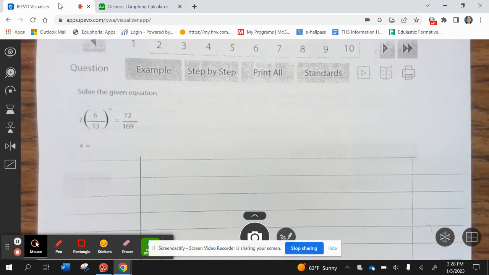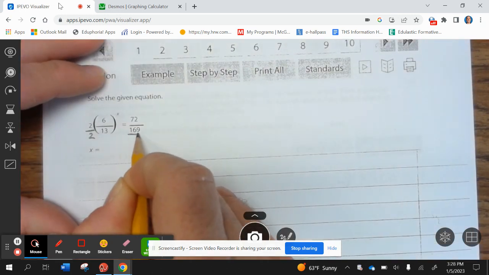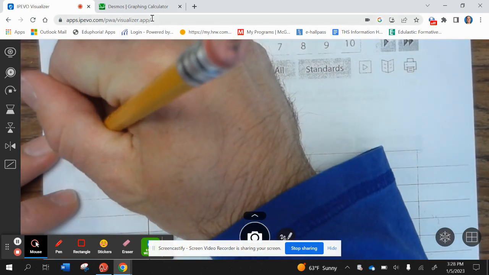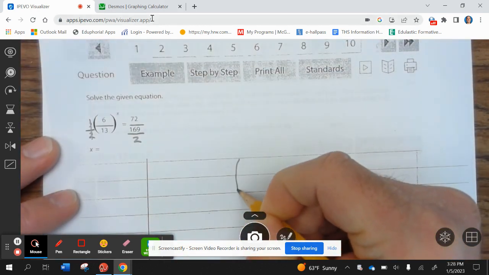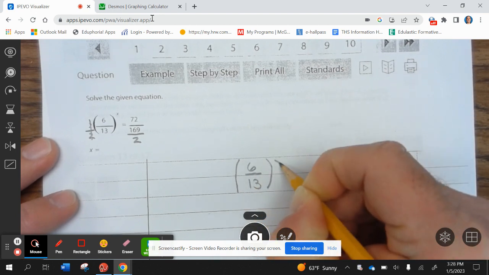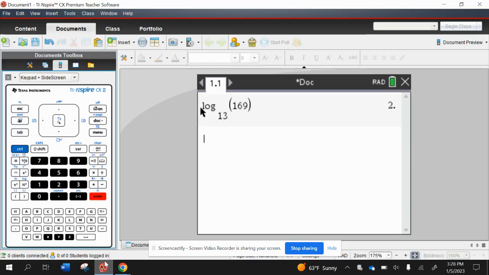All right, first step is we're going to divide both sides by 2. Okay, 2 divided by 2 is 1. So then you have (6/13) to the x equals, and let's go ahead and put this in the calculator.